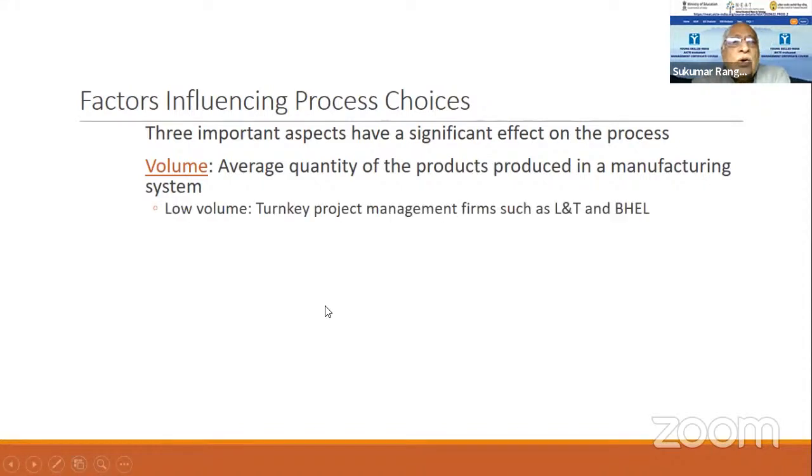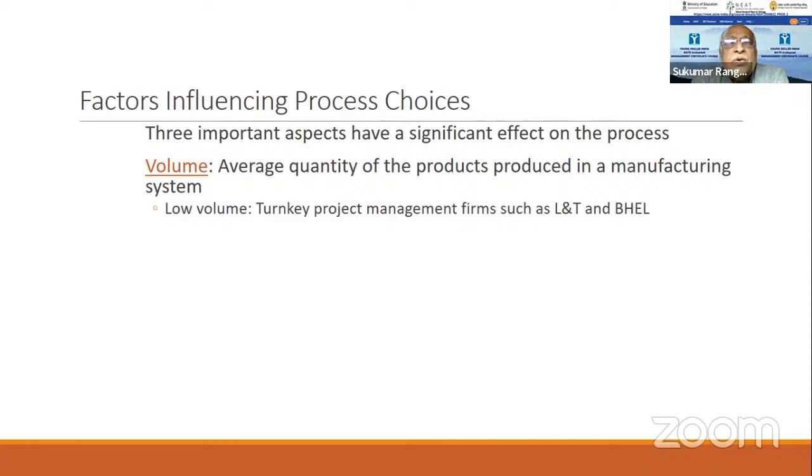In case of low volume, like in case of turnkey projects, it's like putting up a plant by L&T, let us say. That is a one-off thing, based on that particular design. It is not going to be repeated anywhere else.